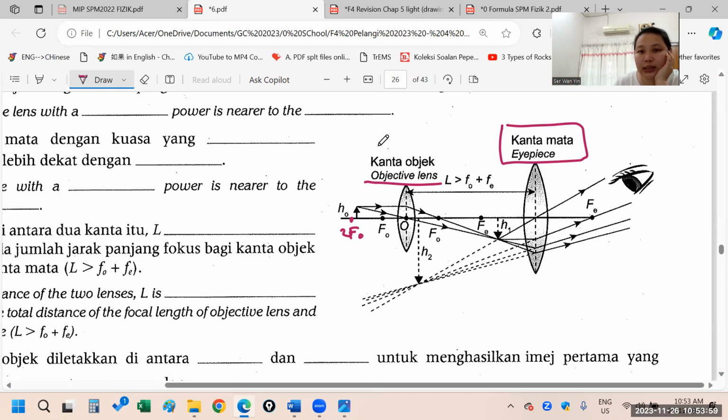So we say U is bigger than F objective, but smaller than 2F objective, because we want to make the image real. So we enlarge one time here, KFC. So now we get a real image. See, inverted one, inverted.